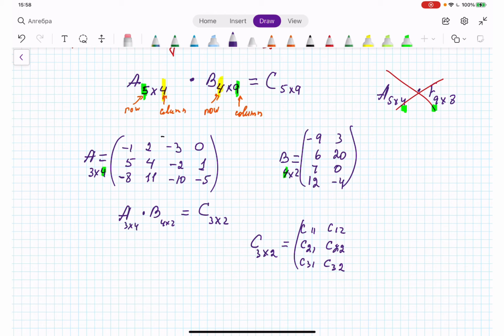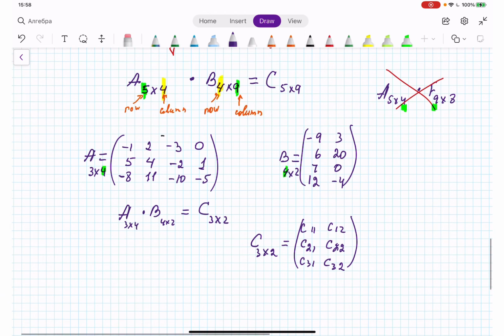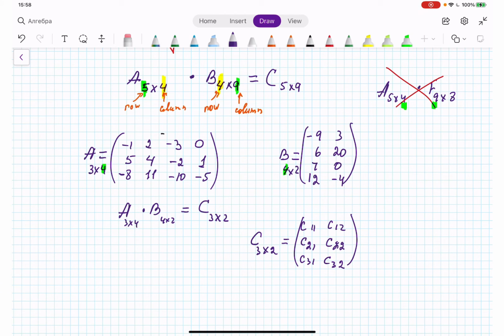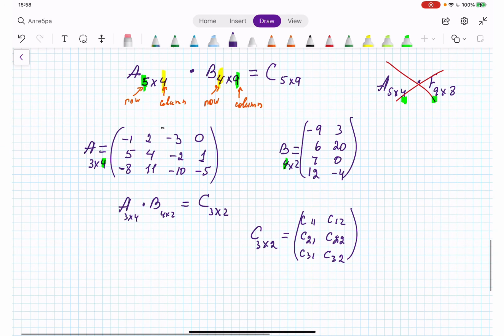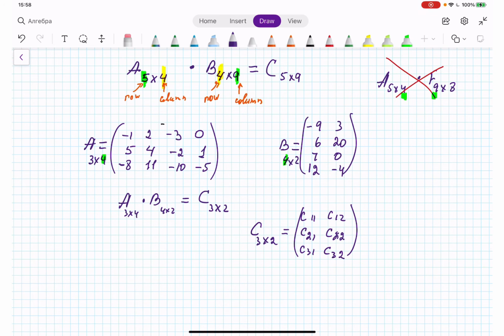And indeed, we got 3 by 2. So we need to calculate every single element here.